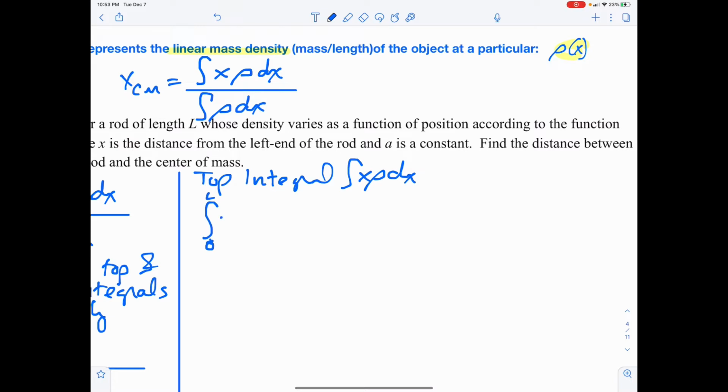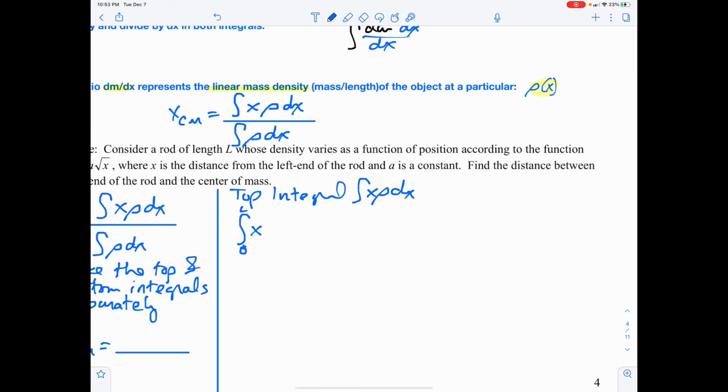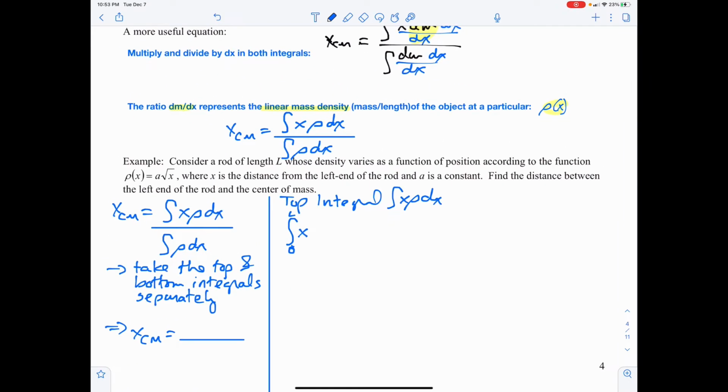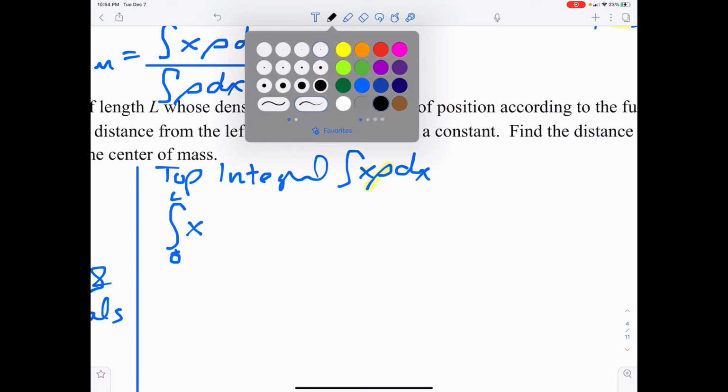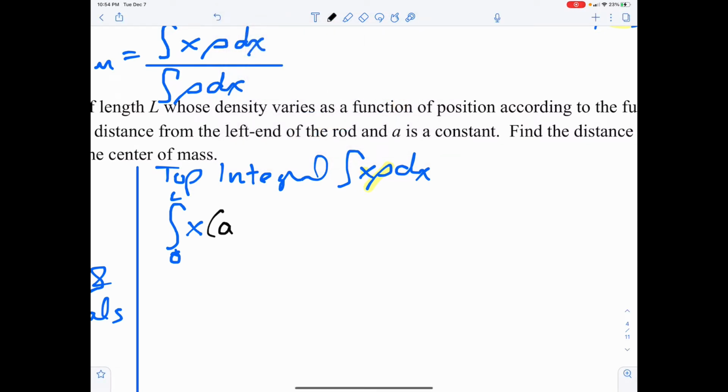Okay, and x is part of the equation, but we're going to replace the density with the density function right there. So I'm going to replace that with a times the square root of x, and then dx.